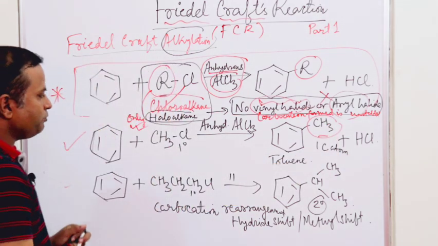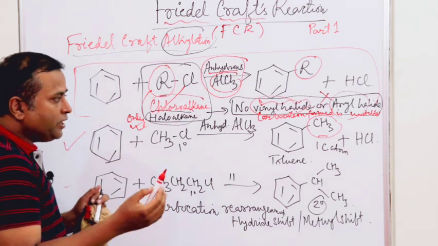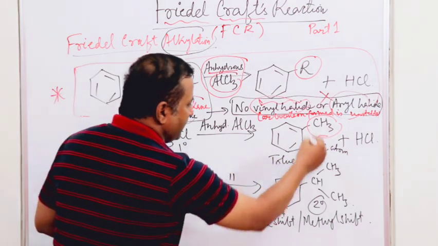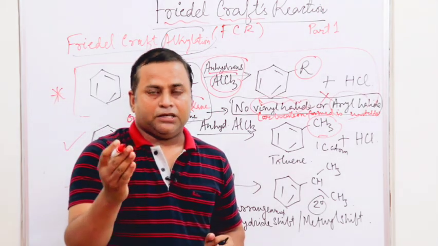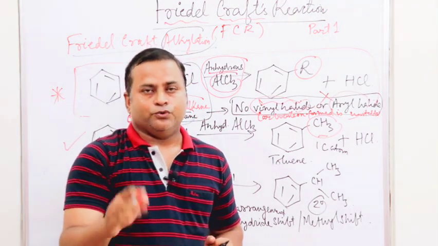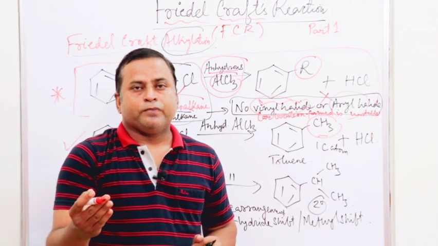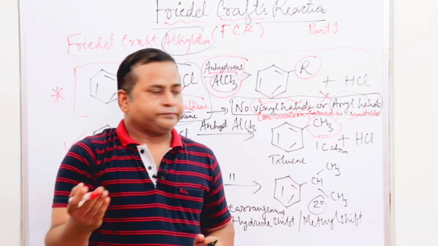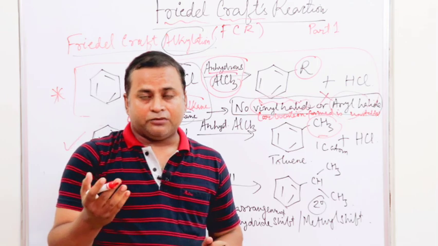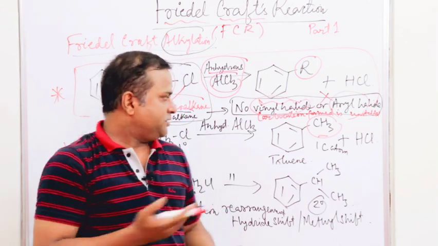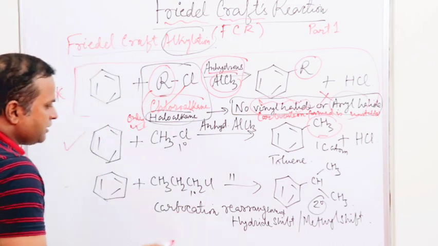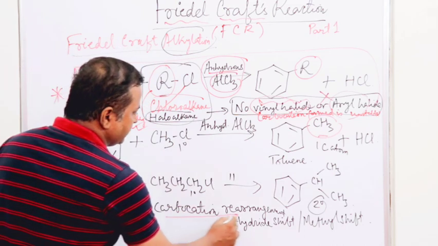Second, we can only introduce certain alkyl groups here, only alkyl groups containing 1 and 2 carbon atoms. Whenever we introduce an alkyl group containing 3 carbon atoms, there will be rearrangement, and hence this reaction will fail. The rearrangement occurs because of the carbocation.